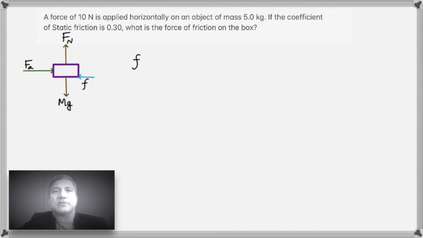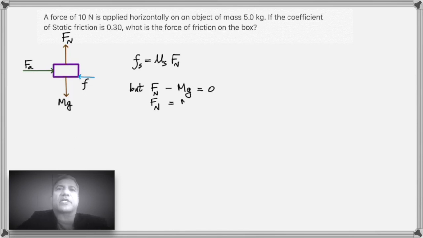Force of friction, F sub S, is mu S, which is the coefficient of friction, multiplied by the normal force. In this case, we know that the weight of the object is exactly balanced by the normal force, or Fn minus mg is equal to 0, because Fn is in the positive direction and mg is in the negative direction, which makes Fn equal to mg.